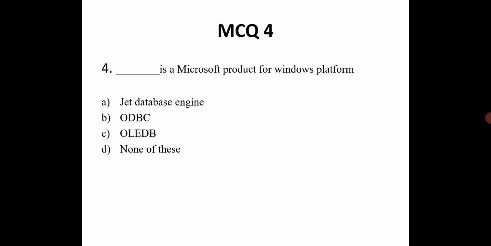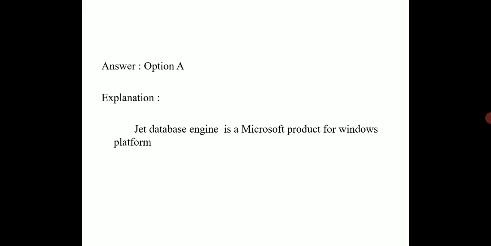Next, dash is a Microsoft product for the Windows platform: Jet database engine, ODBC, OLEDB, none of these. Option A, Jet database engine is a Microsoft product for the Windows platform.